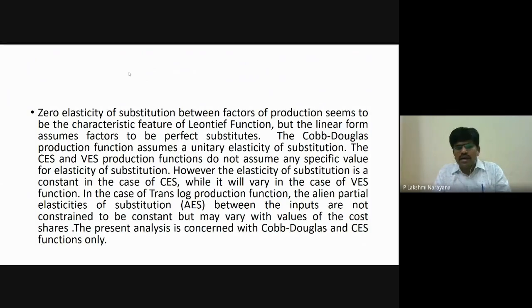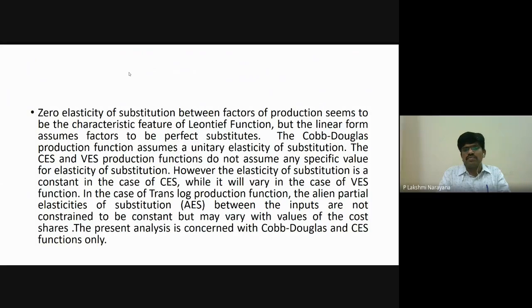The CES and VES production functions do not assume any specific value for elasticity of substitution. However, the elasticity of substitution is a constant in the case of CES, while it will vary in the case of VES function.